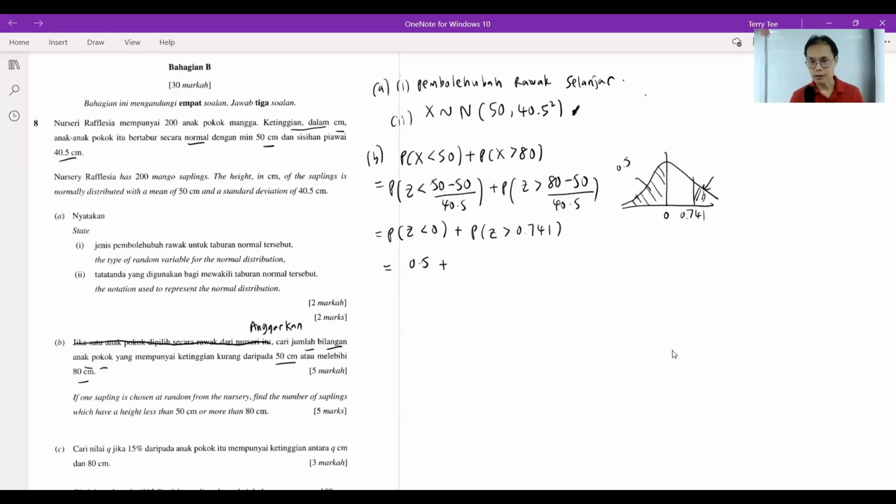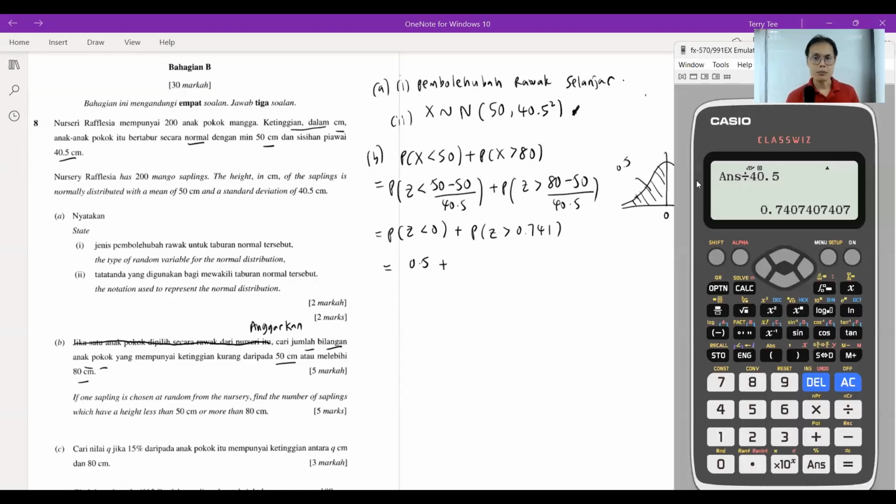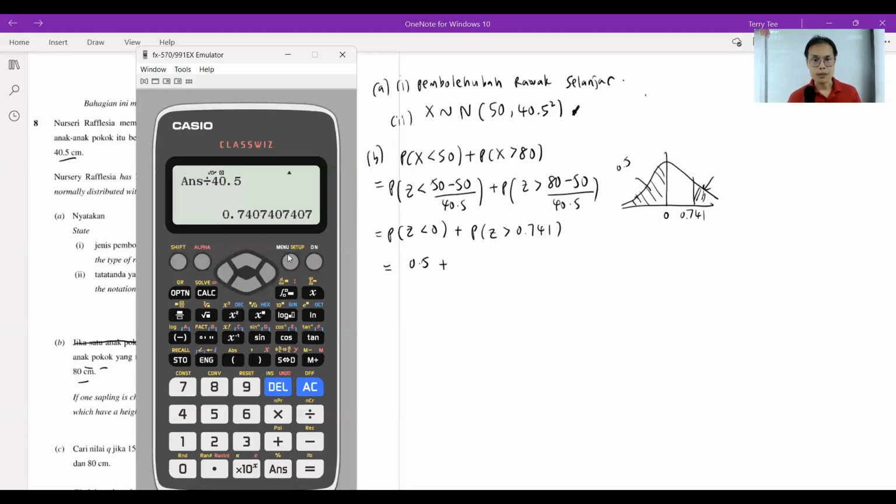Now we can use a calculator or mathematical table. So I think I'm going to show you how to use a calculator. All right. So if you're using this calculator, you press menu, go to number 7. You go to number 2, normal CD. All right. Your lower will be 0.741. Your upper will be 999. It goes to infinity. Yeah.